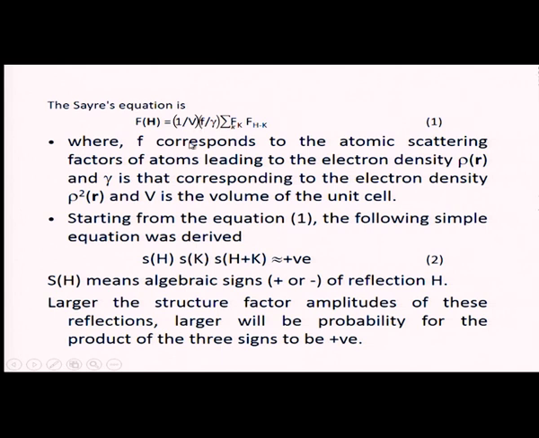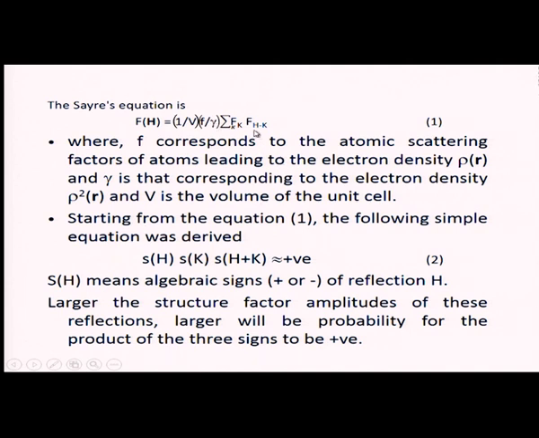This corresponds to the atomic scattering factors of atoms leading to rho, our electron density, and this gamma is like a scattering factor corresponding to the electron density rho square r, this is called square density. V is as usual the same definition, volume of the unit cell. Here remember 1 by V is a factor multiplied by little f over gamma.